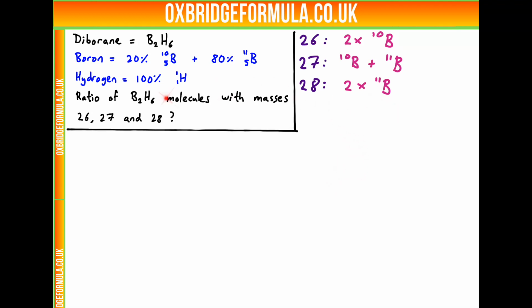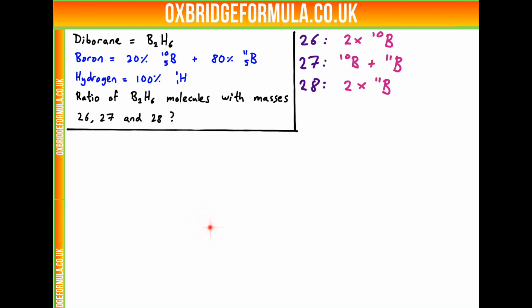Now, how are we going to get this ratio that we need? Well, this question is all about probabilities. And so we need to consider the combined probabilities of the two different boron atoms in a B2H6 molecule. So maybe an easy way to represent this would be a probability tree diagram, considering firstly one of the borons and then secondly the other boron.